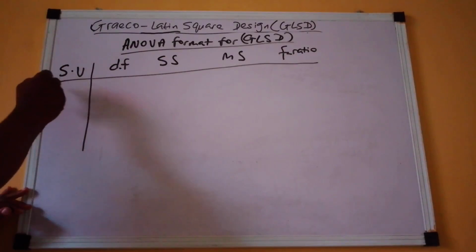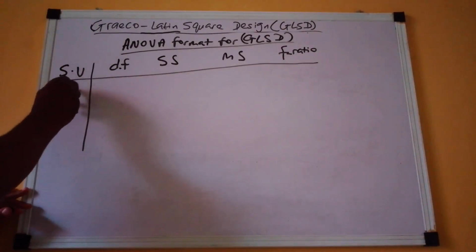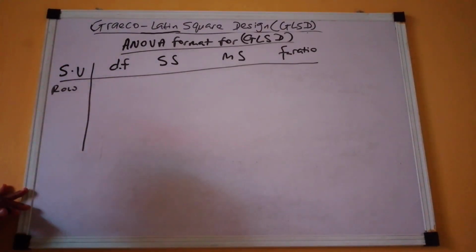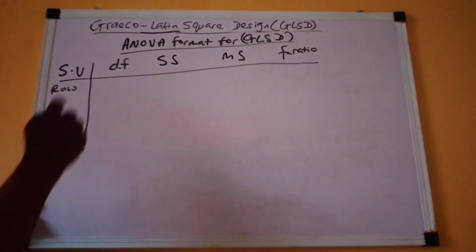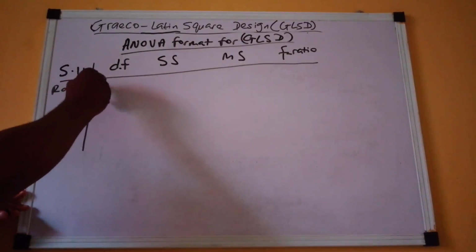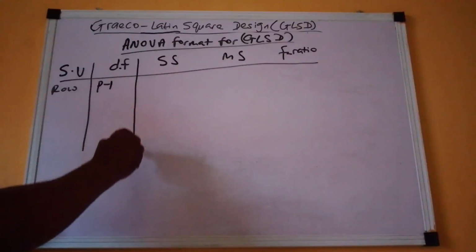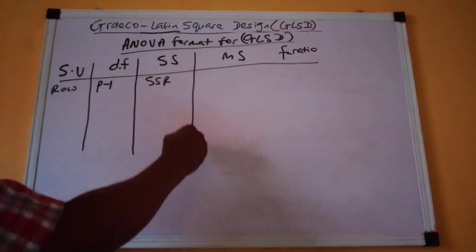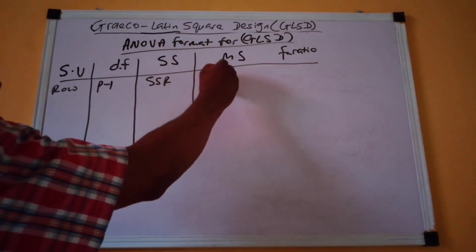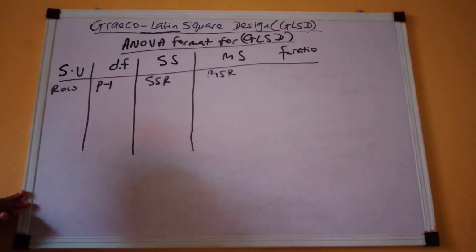Now the first source there is the row. The row has P minus 1 degrees of freedom. Then the sum of square for row is SS row. Then the mean sum of square for row is MS row.